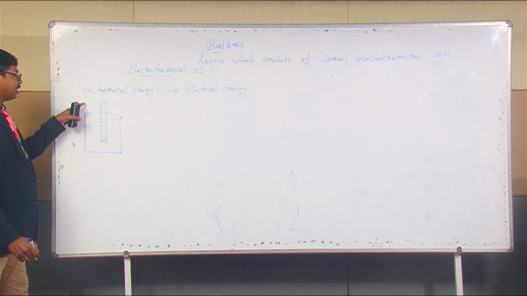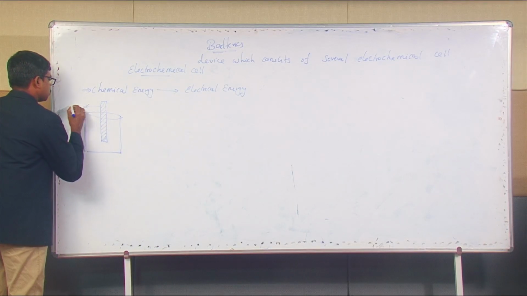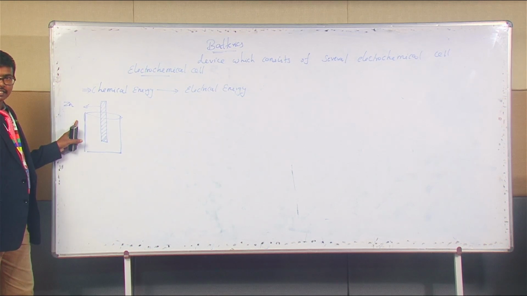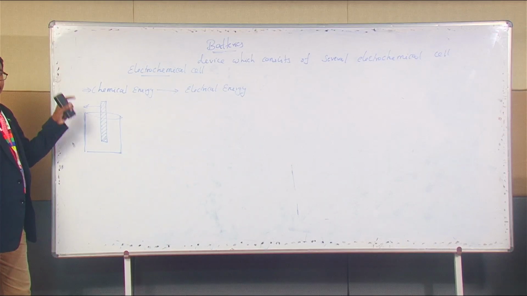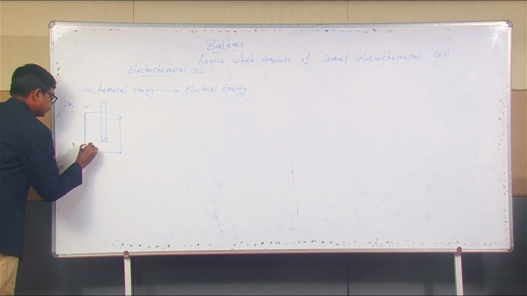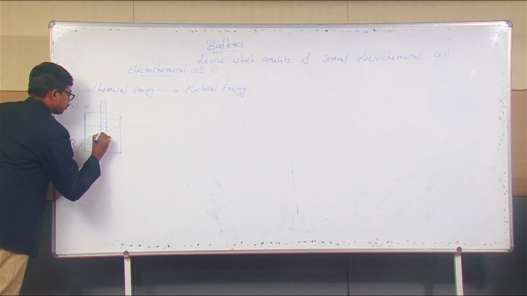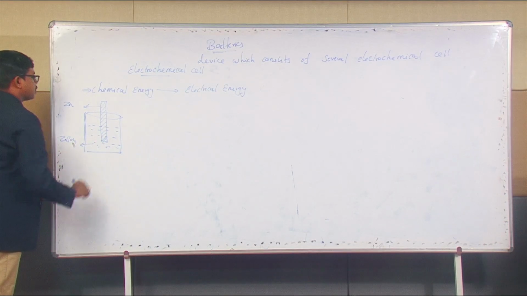For example, I can take zinc. In this half cell, zinc acts as the anode, dipped in its own salt solution, zinc sulfate. This is one of the half cells.